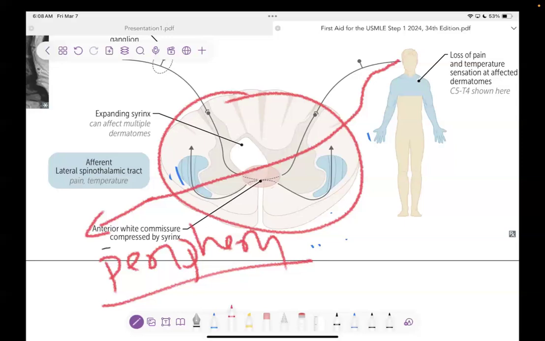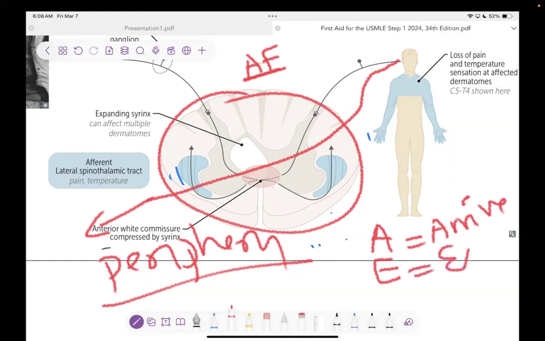So these are called afferent neurons. Afferent neurons means the neurons that are going to the main part of the system. Whenever you see afferent and efferent, afferent means arrive. This is a common mnemonic, and efferent means exit.